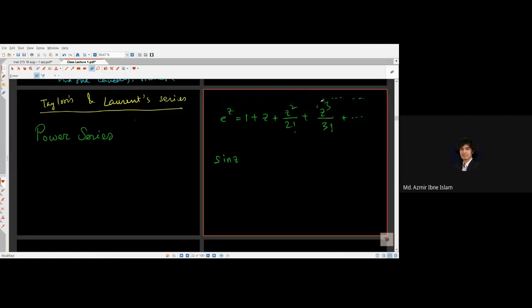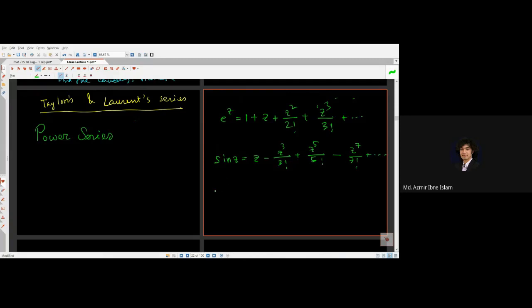So for sine z, I can remember the formula. For sine z, the series will be z minus z cubed by factorial 3 plus z to the power 5 by factorial 5 minus z to the power 7 by factorial 7 plus up to infinity.